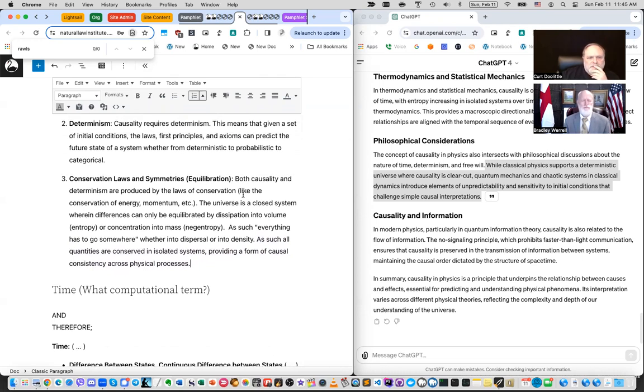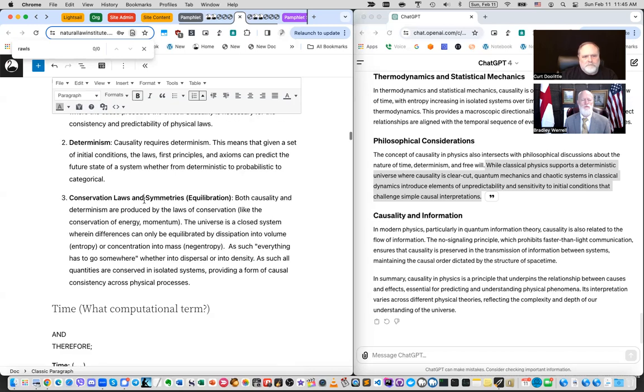The conservation. Would say mass, energy, or momentum.